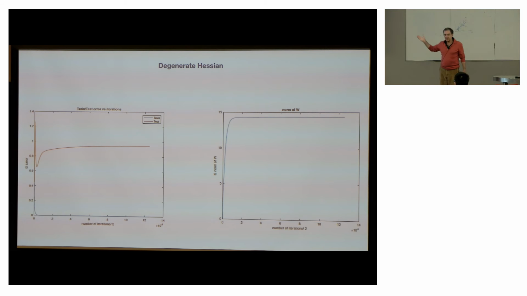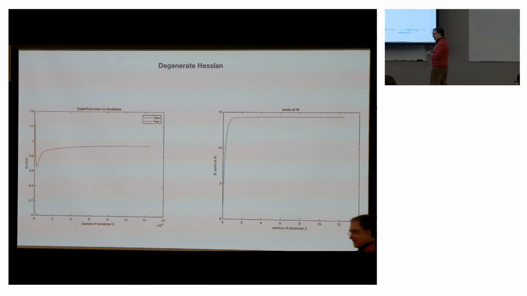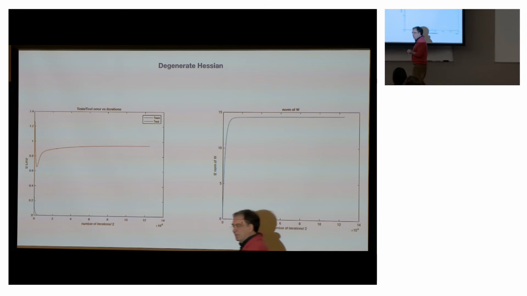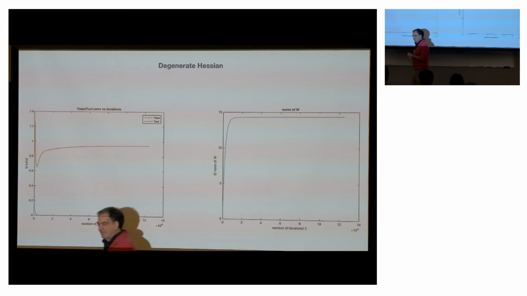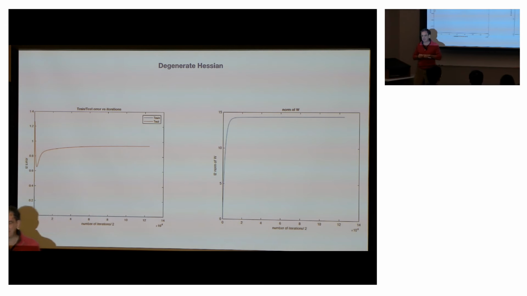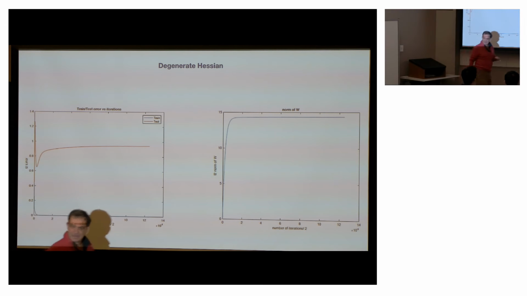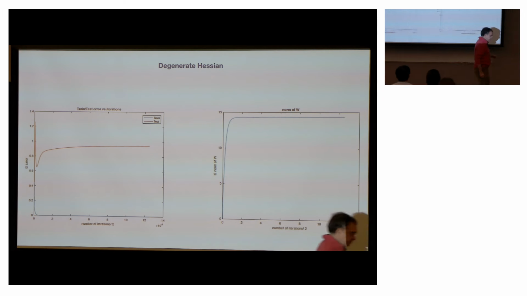In the previous case, we came back to the same equilibrium. And in this case, just a guess. Will it be affected by the perturbations or not? This is the degenerate case, right?